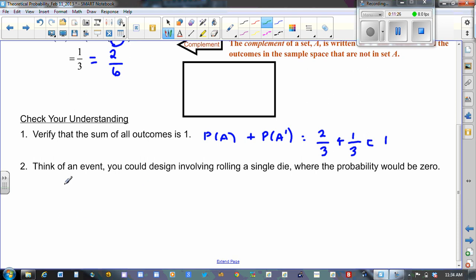Well, what if we considered the probability of rolling a number on a single die that happens to be, let's say, less than 1. Well, we know quite well in this instance that the probability of doing so would have to be 0, right?